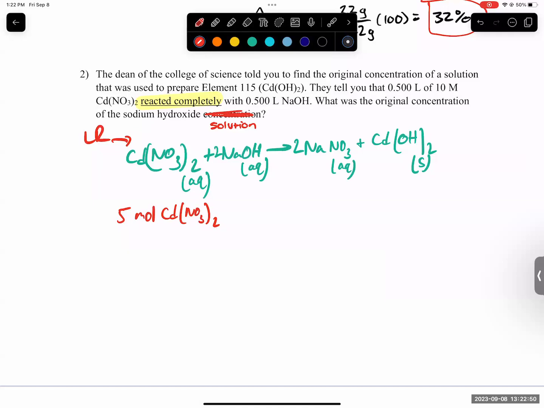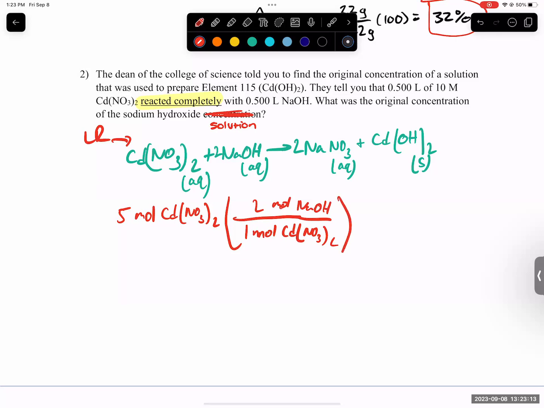Sodium hydroxide. So how do I get from moles of cadmium nitrate to moles of sodium hydroxide? I can use the mole ratio from the balanced chemical equation. Well, if I look up, I see that for every 1 mole of cadmium nitrate, there are 2 moles of sodium hydroxide. And that we get 10 moles sodium hydroxide. All right, now we're done, right?